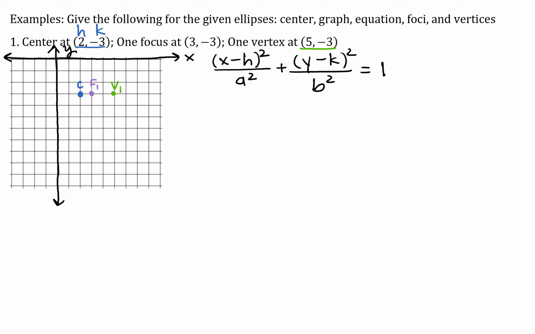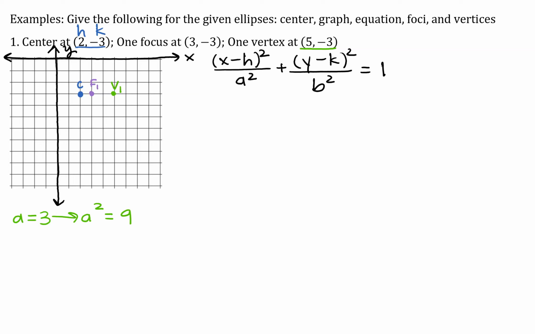We also know the value of little a. Little a is the distance from the center to the vertex, to any one vertex. And so we can see that the distance between our center at 2, -3 and our vertex at 5, -3 is 3. So our little a squared must be equal to 9.